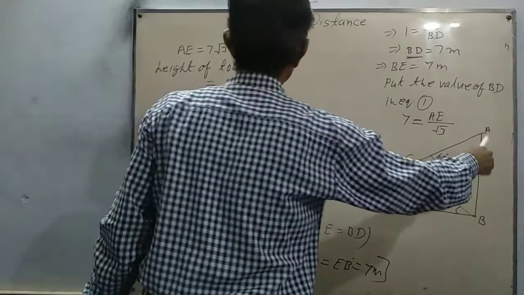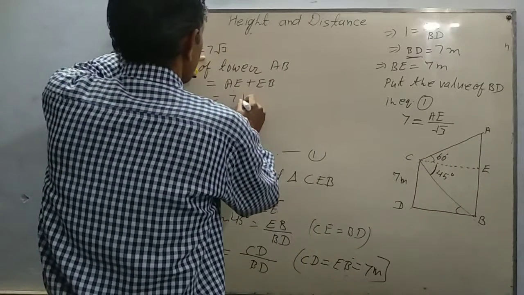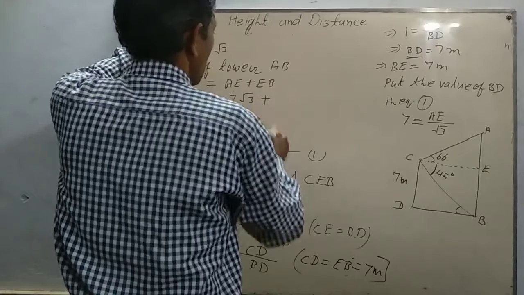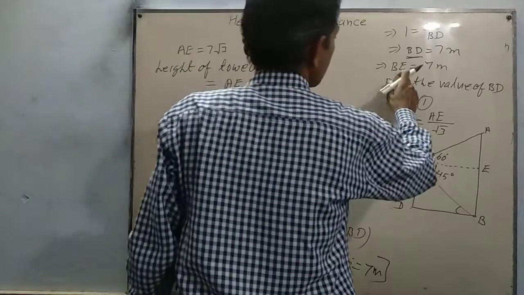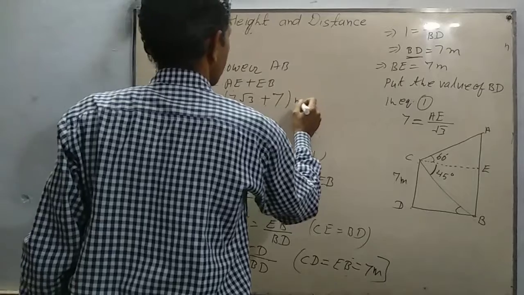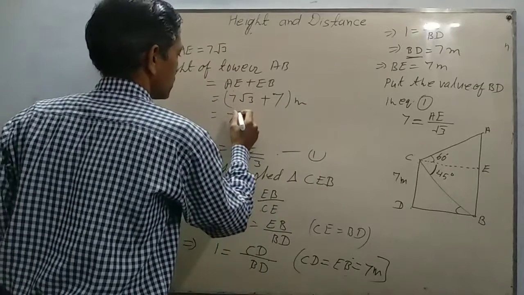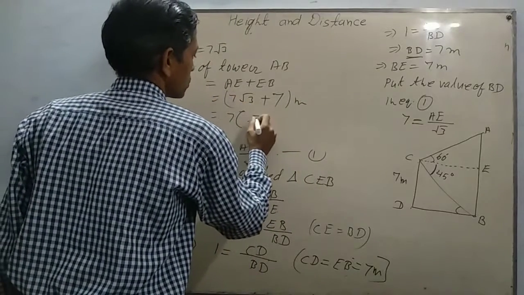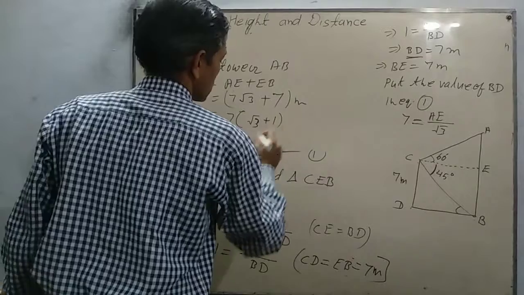AE is equal to 7 root 3 and EB is equal to 7 meter. 7 root 3 plus 1.